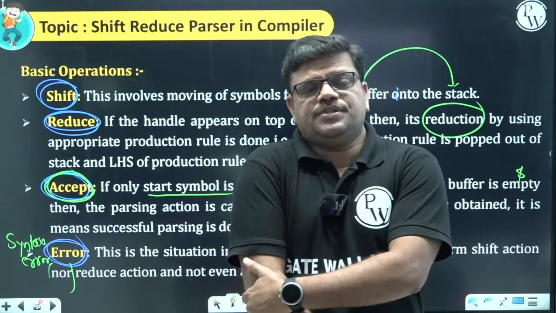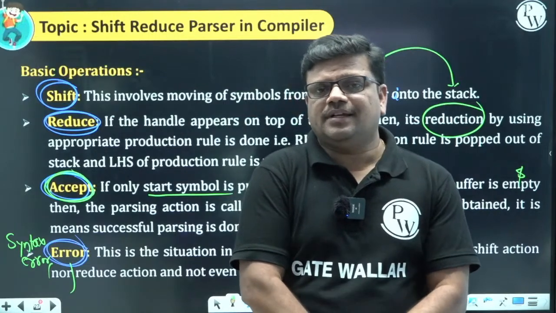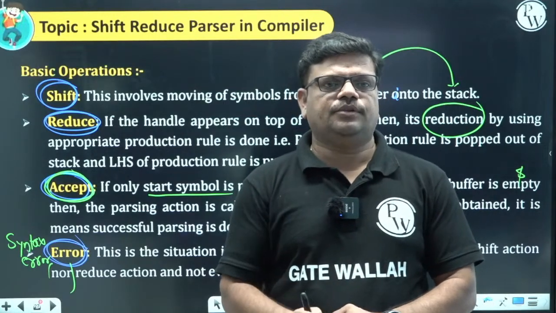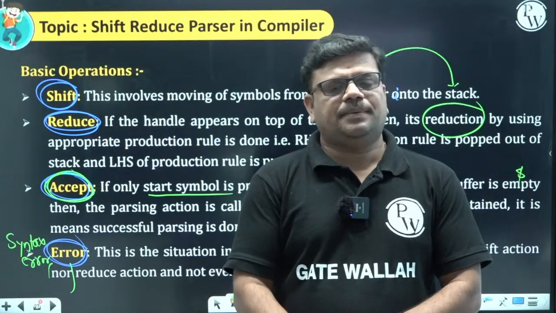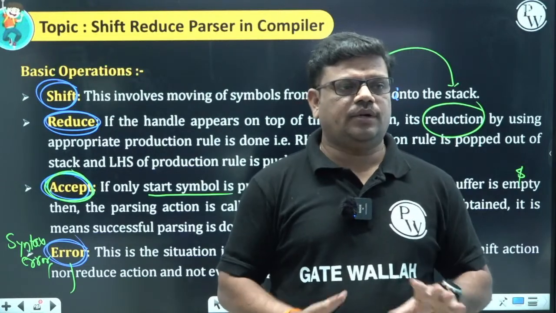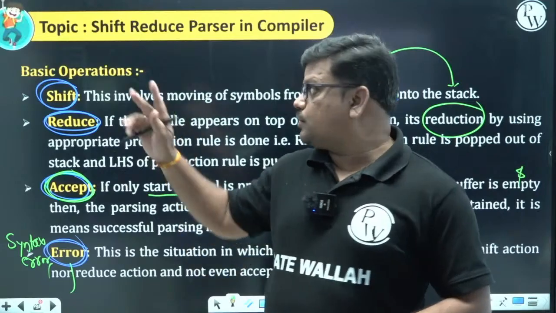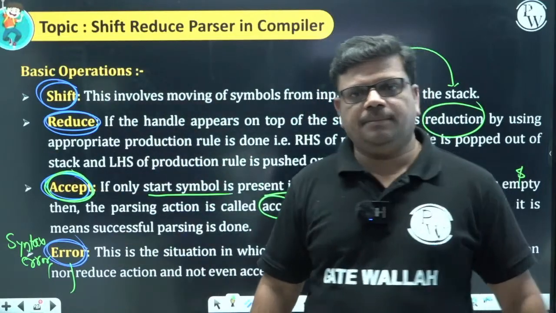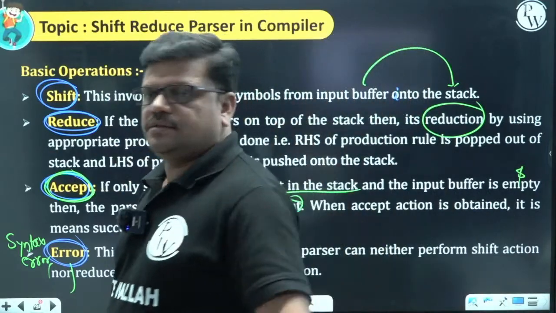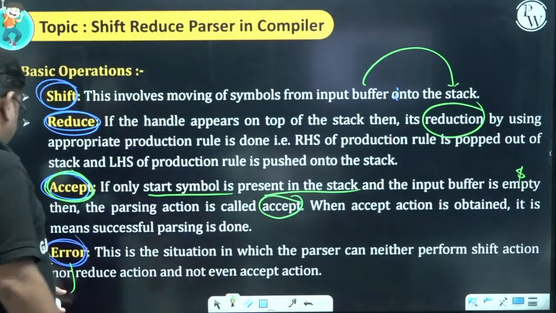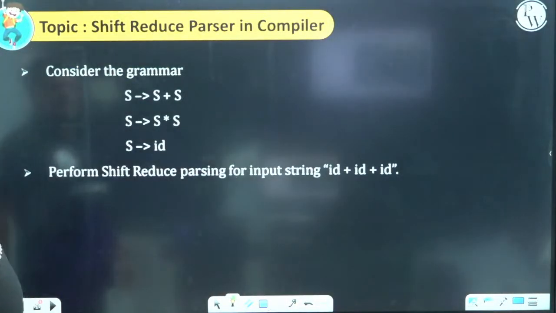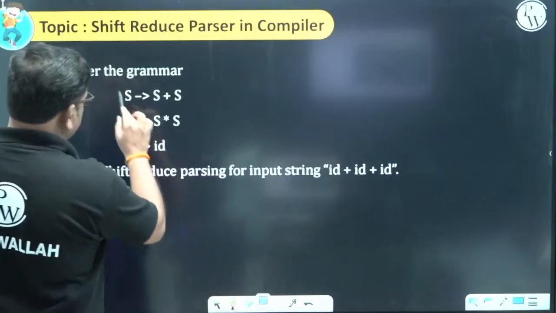See, input string is always tokens. Our tokens are nothing but terminals, a sequence of terminals. Non-terminals are present only in the grammar, not in our token sequence. Input will be a collection of terminals. Let us perform an example.